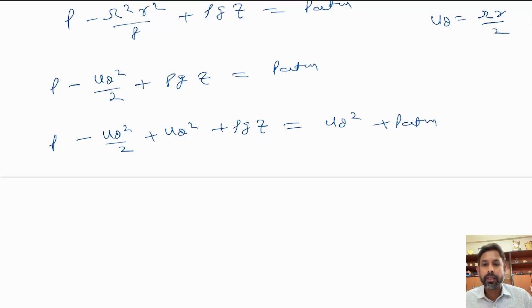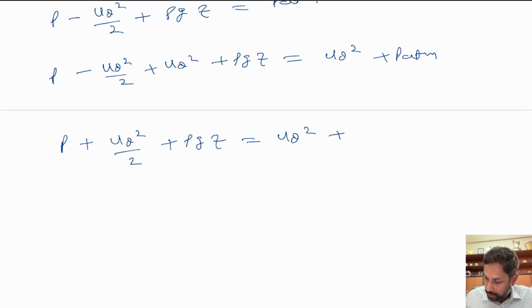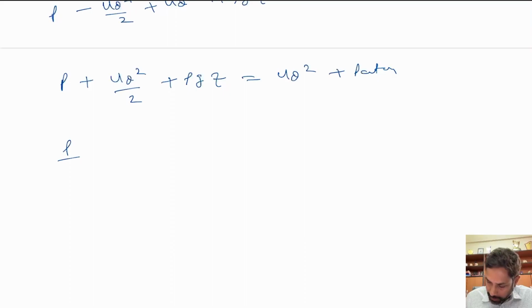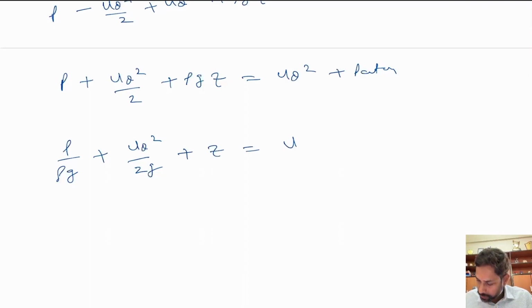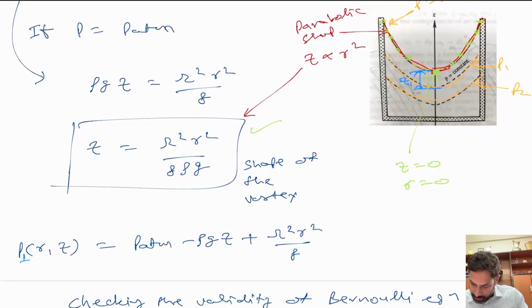So we have defined u theta on both sides, so that now gives us P plus u theta square by 2 plus rho g z is equal to u theta square plus P atmospheric, and we divide this by rho g, plus u theta square by 2g plus z is equal to u theta square by 2g plus P atmospheric. And I think we have missed the density term somewhere here.